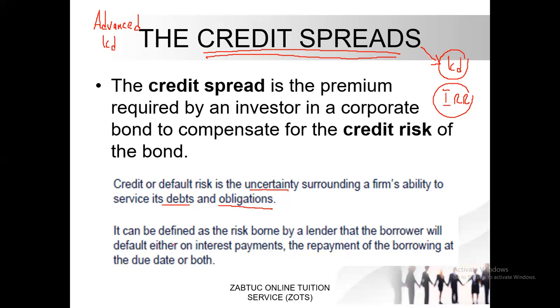This credit risk can be defined as the risk borne by a lender or an investor that the borrower will default either on the interest payments, the repayment of the borrowing at the due date, or both. That's what this credit spread is: a measure of default risk on the interest and the final amount.